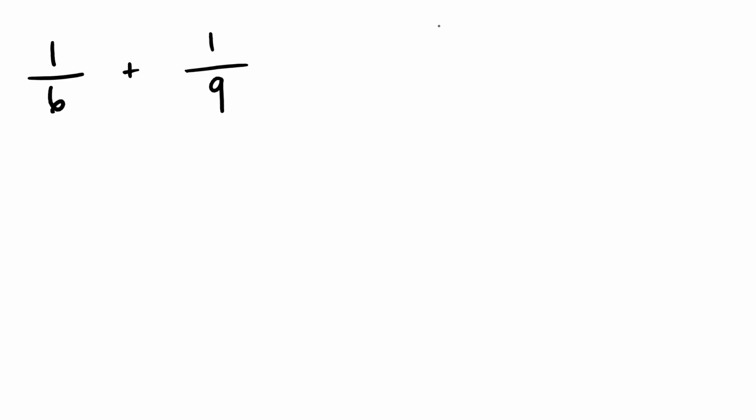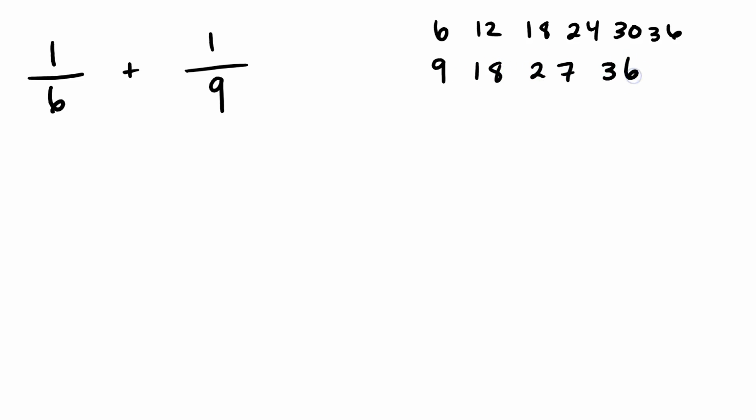So I'm going to write out the multiples of 6. 6, 12, 18, 24, 30, 36. I'm going to go 9, 18, 27, 36, and 45.